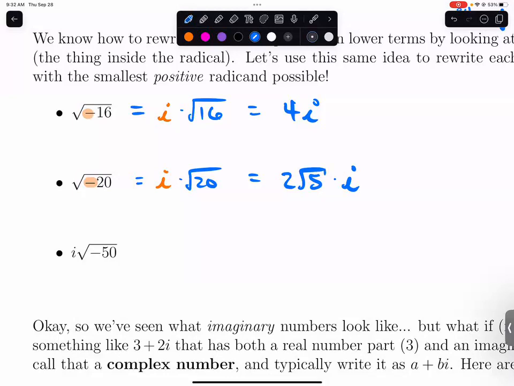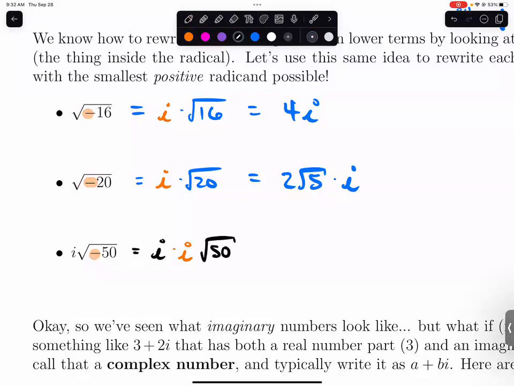Okay, so i times the square root of -50. Well, there's the i that was already there, and now there's another one from the negative under the radical. And then I have to deal with the square root of 50, right? So how does the square root of 50 break down? 50 is 5 times 10, and 10 is 2 and 5.